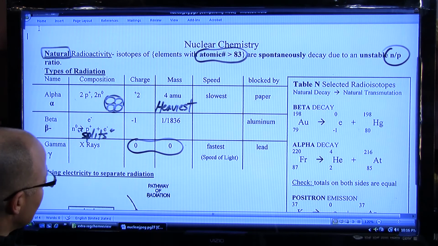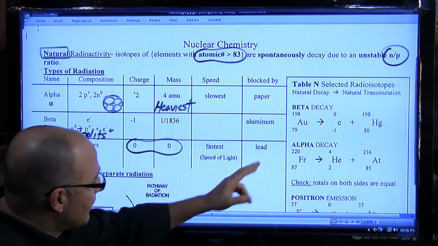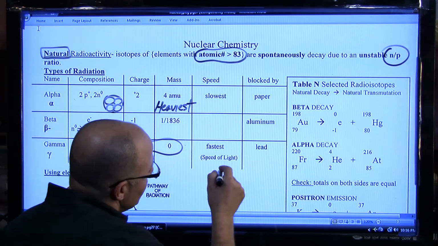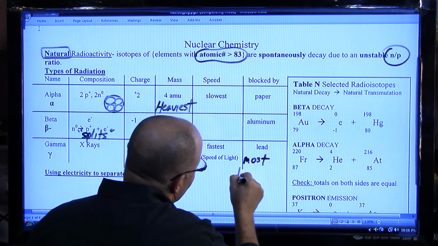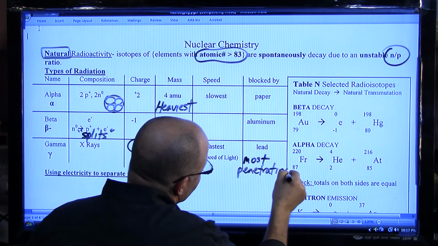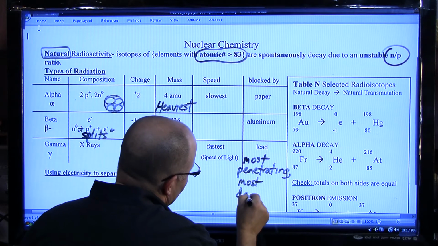Gamma rays, because of that, are the most penetrating. You would need a piece of lead to stop gamma rays, and therefore they're most dangerous. So let's write that in here. They're the most penetrating. Therefore the most dangerous.